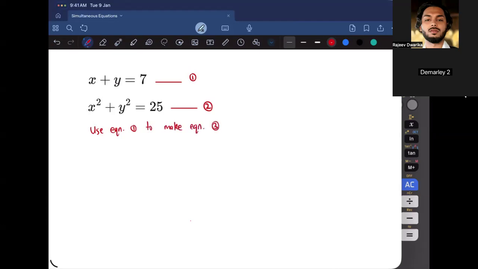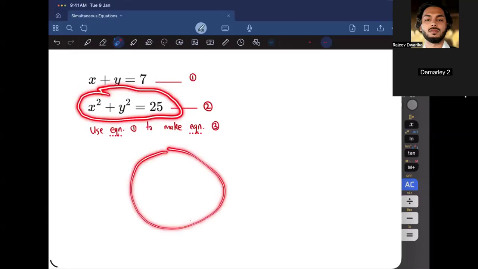So let me ask that question, Demarley. This graph is going to be a line, right? That's a line, not hard maths. But this other one is not the equation of a line. This is the equation of a circle. So if I graph that, a circle is actually gonna pop up, and this is our line.